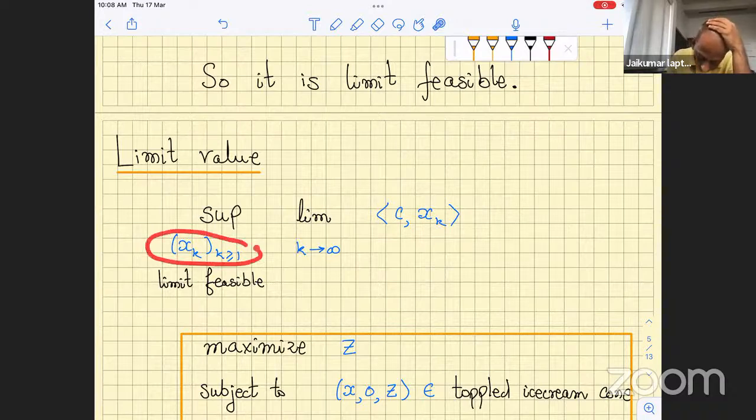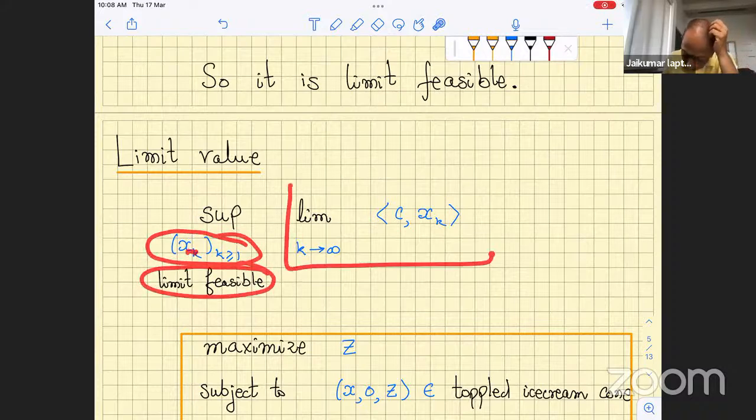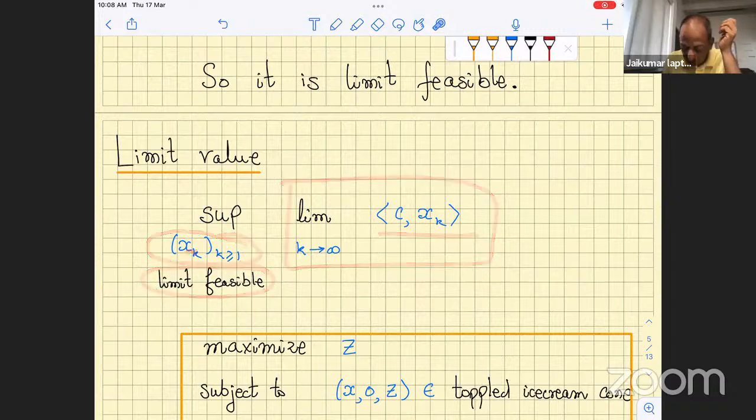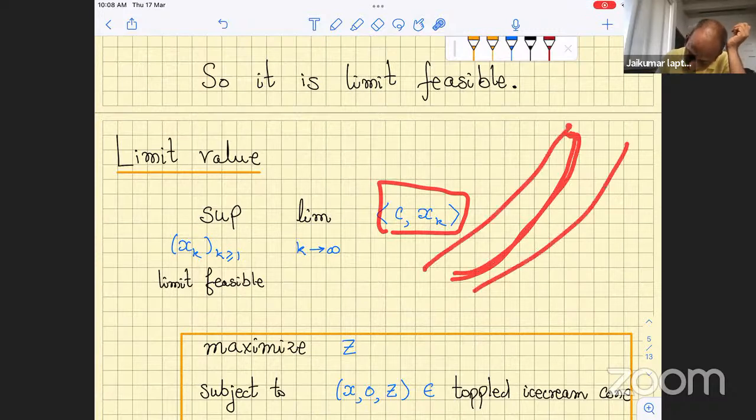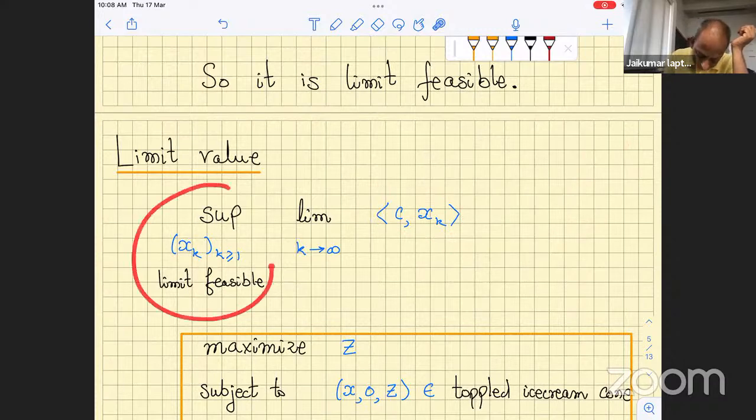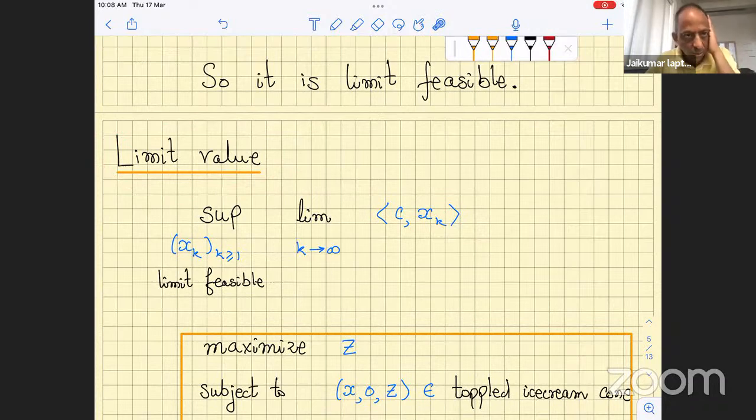Consider all possible limit feasible sequences and compute this quantity. I don't know whether this should have been a lim sup or a lim, but it doesn't matter. It is the limiting value of the objective function as you move inside this sequence xk. Among all those xk's which are feasible, choose the one which gives you the best. That is called the limit value of the cone program.